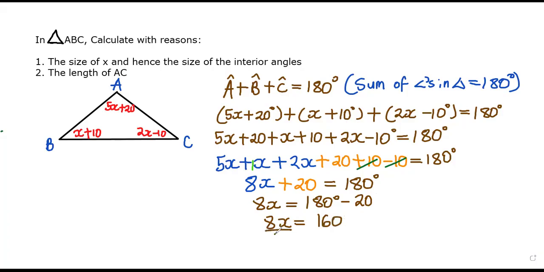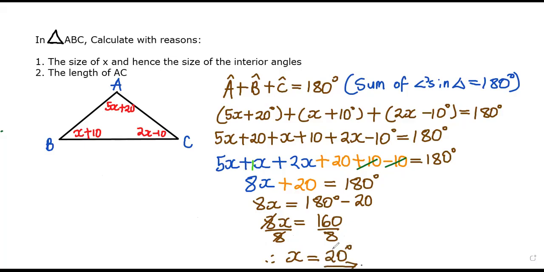And then you divide both sides by 8 because math says what you do on the left hand side, you also do on the right hand side. Then 8 cancels 8. Therefore, the value of x is equal to 160 divided by 8, of which we know that we're going to get 20 degrees.